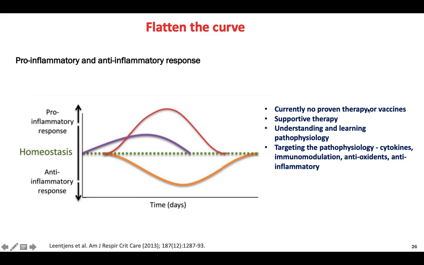Currently, as long as we don't have any specific proven therapy or vaccine, we have to continue supportive care. It's a continuous phase of understanding and learning the pathophysiology. Till then, we have to target the pathophysiology: target the cytokines, use immunomodulation, antioxidant and anti-inflammatory therapy, but we have to watch for more and more evidence continuously.